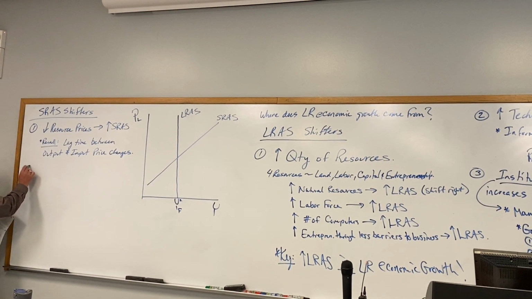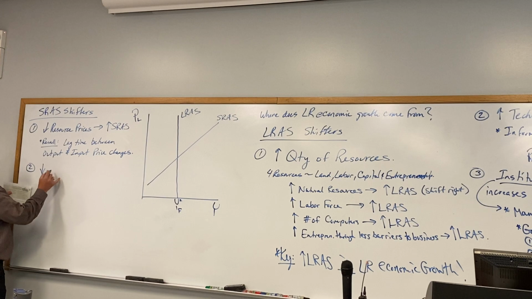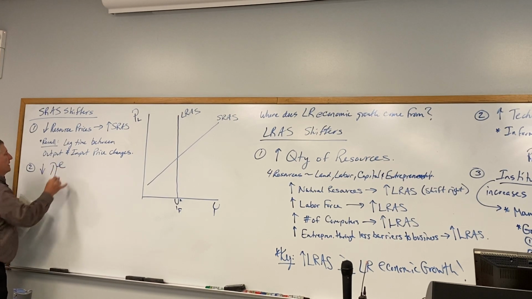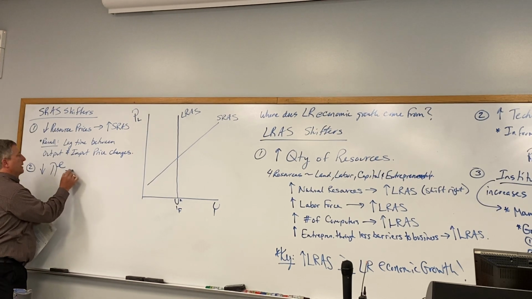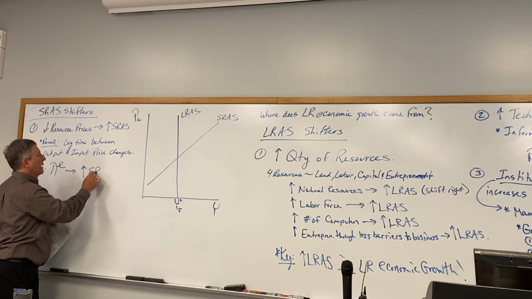Okay, number two is a fall in the expected rate of inflation, a decrease in the expected rate of inflation. Will lead to an increase in the short run aggregate supply curve.